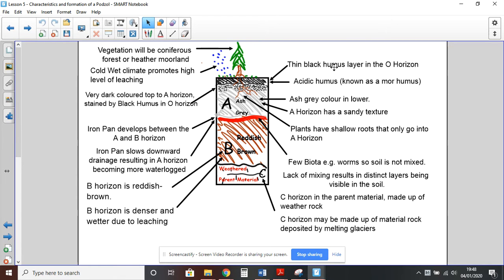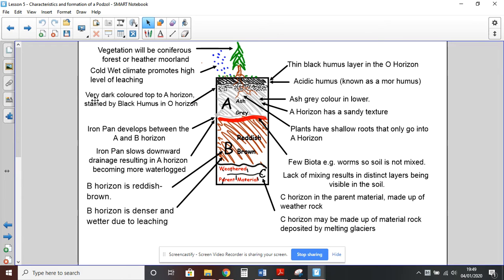If you want a point of explanation there, you can say they slowly decay because the climates are often very cold. Another point to do with climate is you can say that because the climate is very wet, it promotes a lot of leaching, which means that the nutrients released from the decaying pine needles will get washed deeper down into the soil.